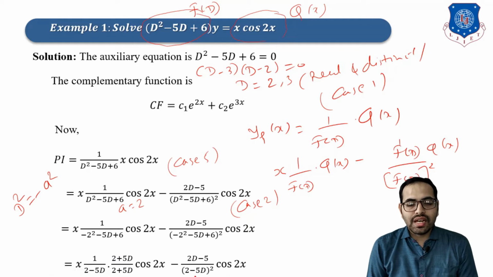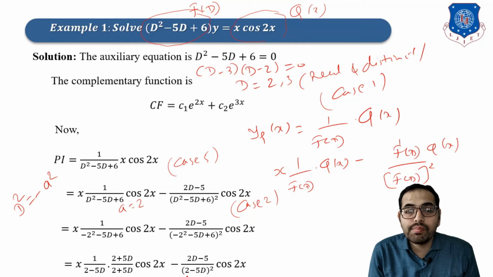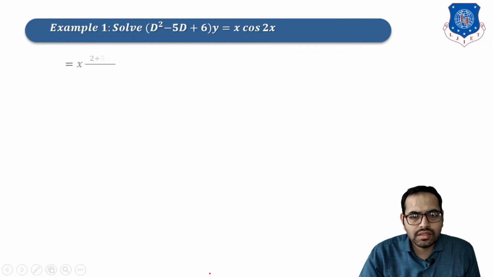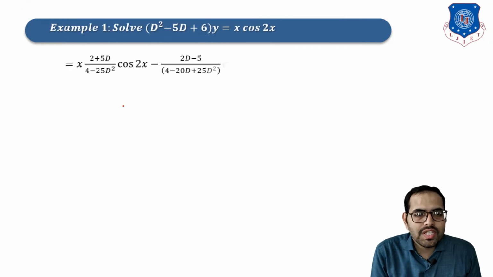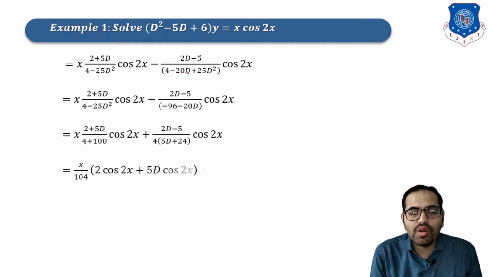In the second term, the denominator has 2 minus 5D whole square, so we expand it. In the first term it is a minus b, a plus b, so simplify, and in the second term just expand the brackets, and we get x times 2 plus 5D upon 4 minus 25D square cos 2x, minus 2D minus 5 upon 4 minus 20D plus 25D square cos 2x.